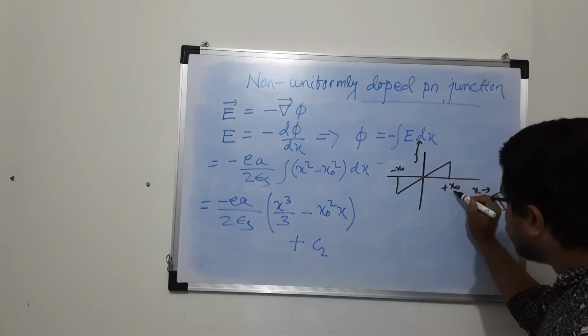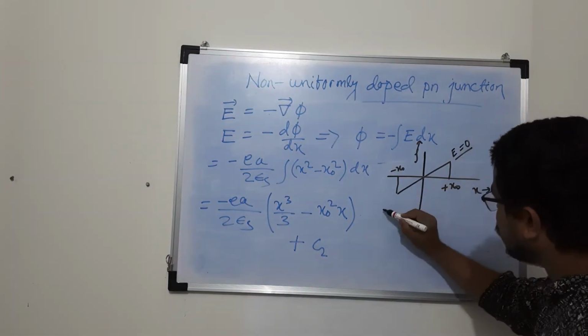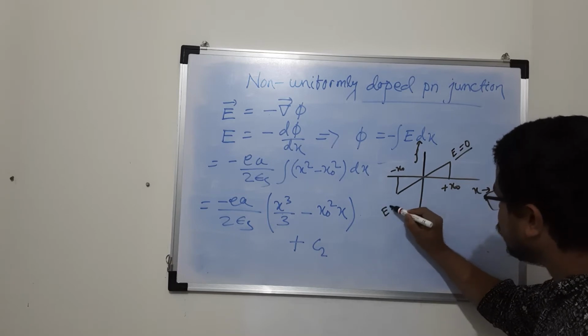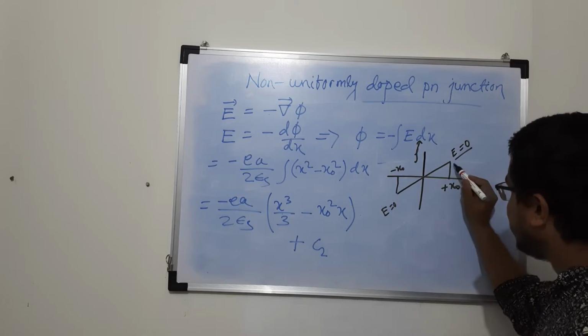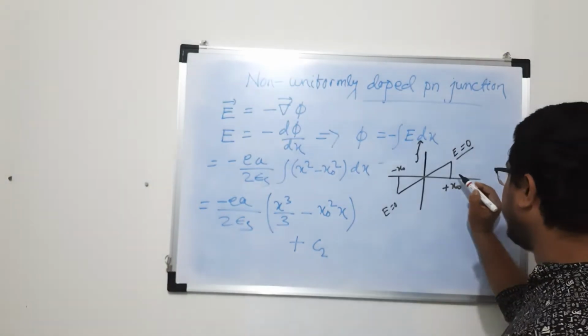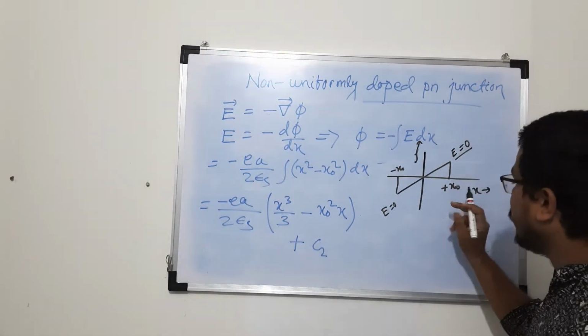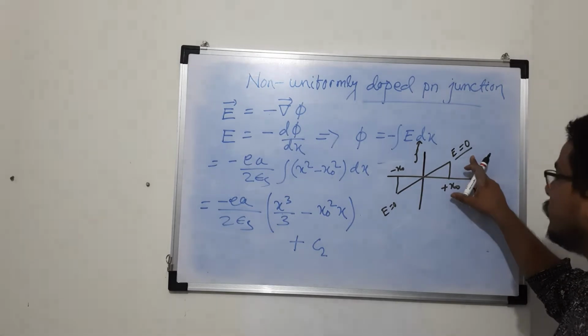We said at x equals x0 the electric field will be 0, E is equal to 0, and here also at x equals minus x0 E is equal to 0, because at x equals minus x0 and at x equals plus x0 the neutral region starts, right? But in the case of potential, you cannot substitute that phi at x equals plus x0 will be 0. No, it will not be 0.